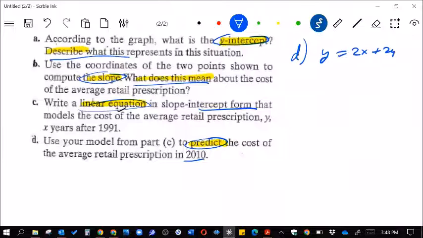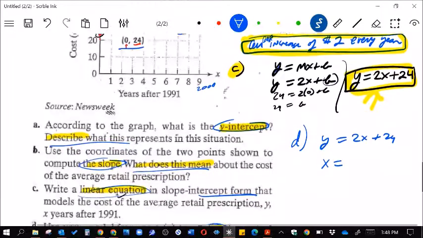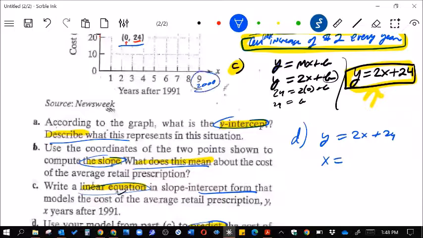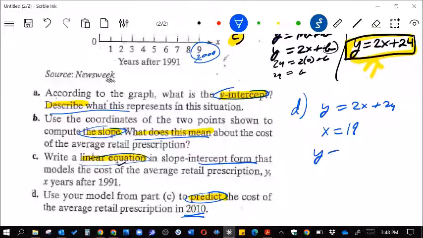So x is going to be equal to, well, 2000 is 9, then 2010 is 19. So we need to do y equals 2 times 19 plus 24. That's 38 plus 24. So y is equal to 62.